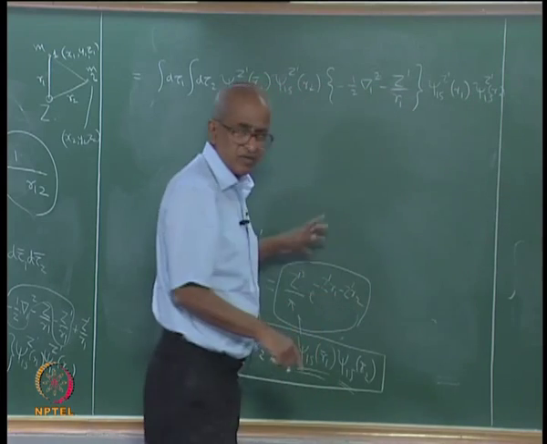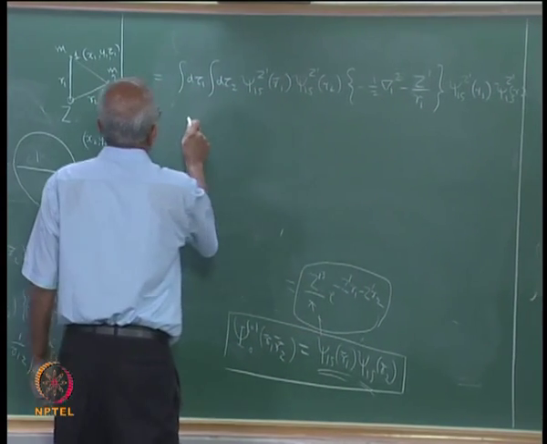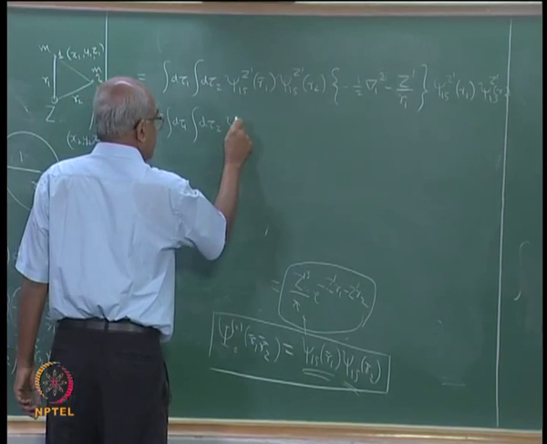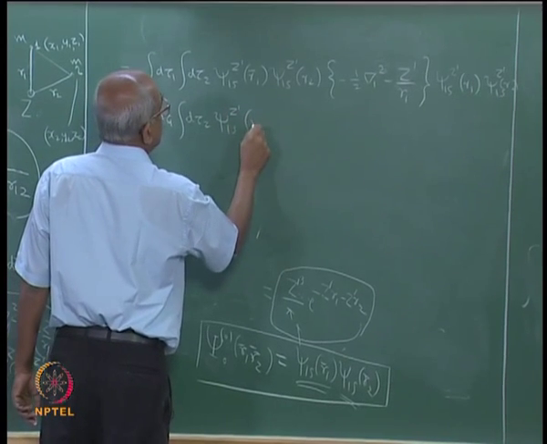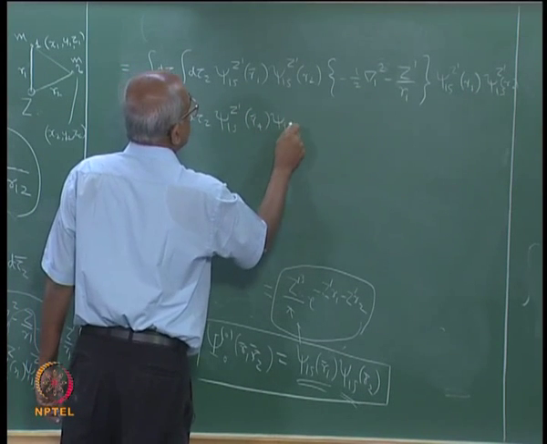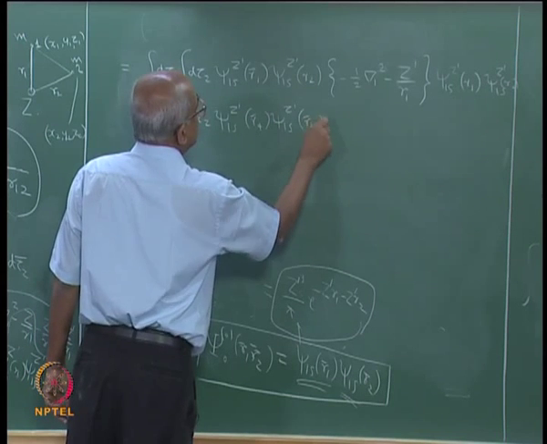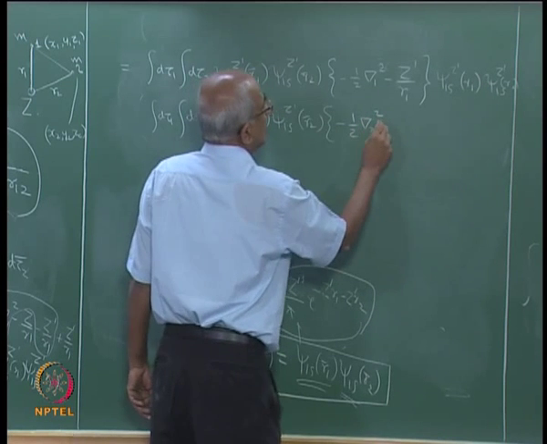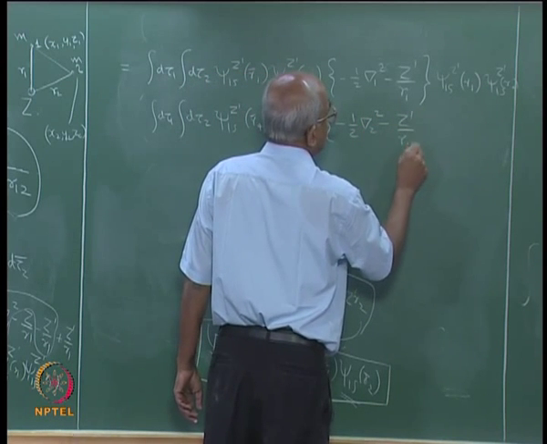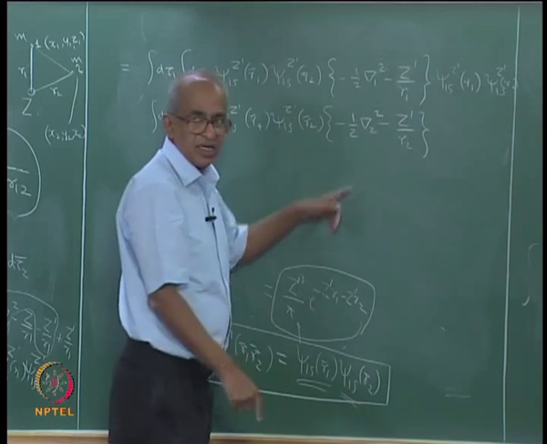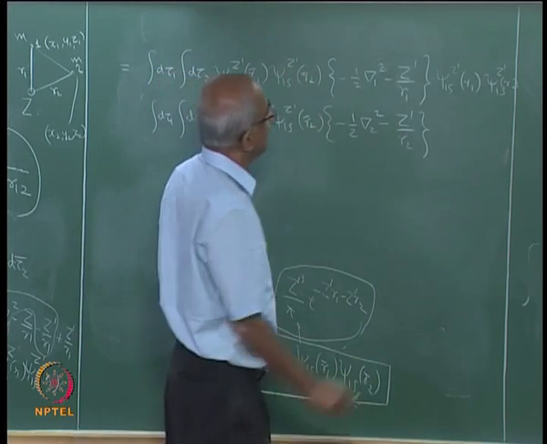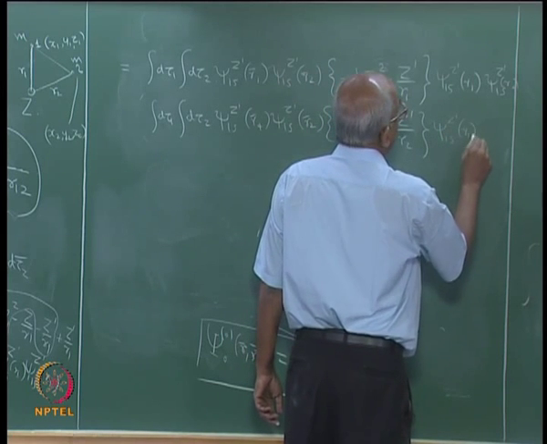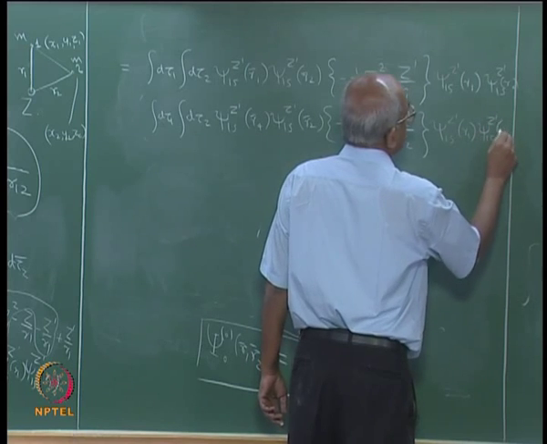I have written only part of it. I have another term coming from electron 2. How would it look like? Similar kind of term, psi 1s Z prime r2 operating, and I will have kinetic energy of electron 2, interaction of electron 2 with the nuclear charge which I temporarily have manipulated to be equal to Z prime, and psi 1s Z prime r1 psi 1s Z prime r2.